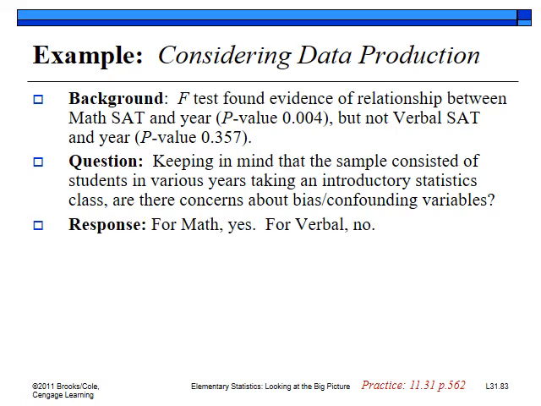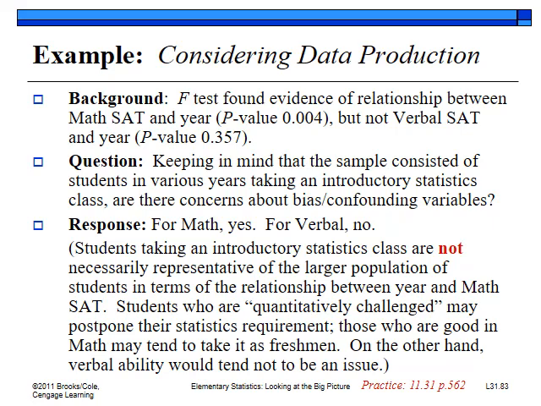For math especially, because students taking an intro stats class, they're not representative of the larger population, especially when we're looking at the relationship between year and math SAT. People who are, as the slide so euphemistically puts it, quantitatively challenged, they might put off their stats class, or they might have to take it several times.